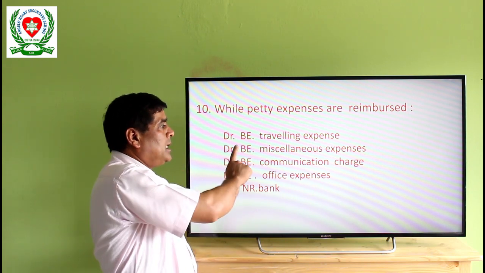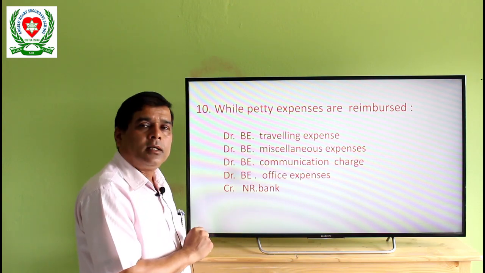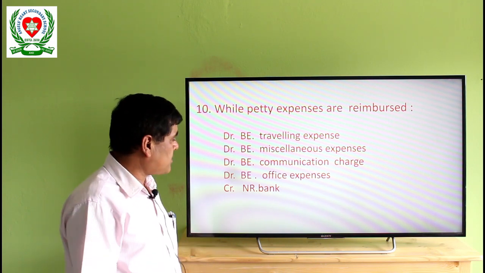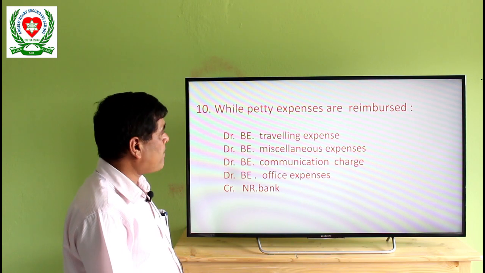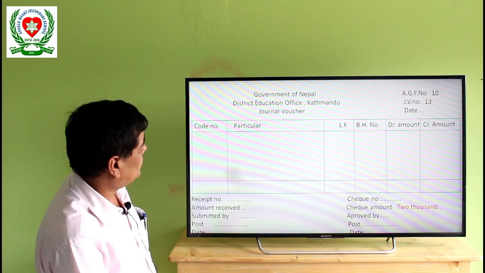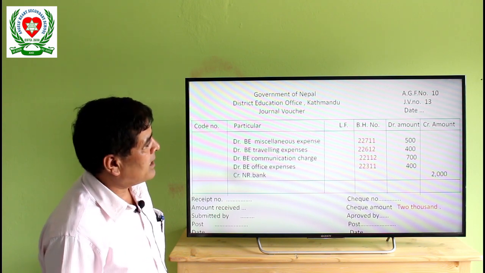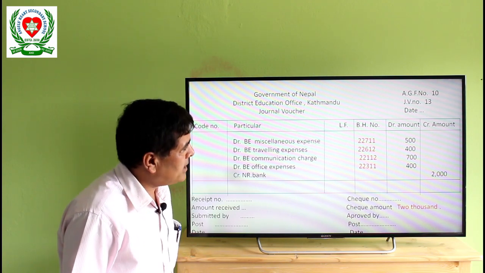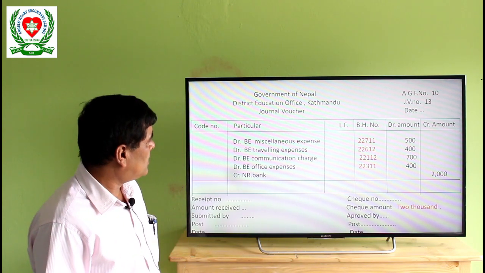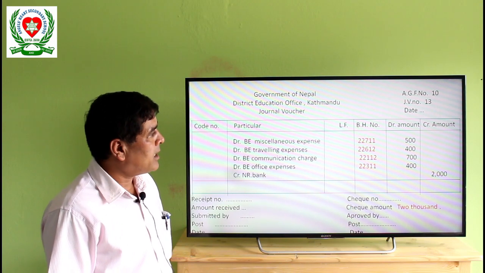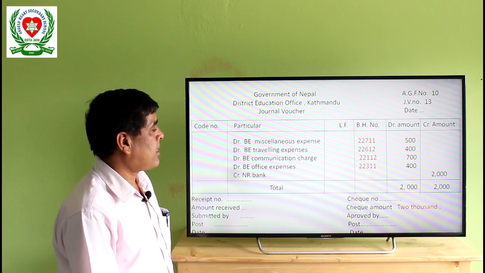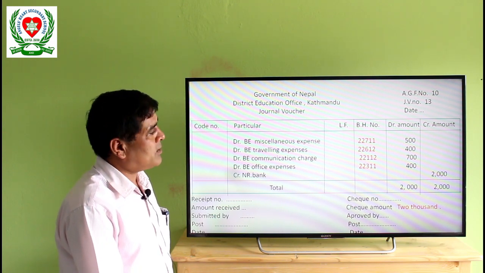So debit B travelling expenses, debit B miscellaneous expenses, debit B communication charge, debit B office expenses, credit NR Bank, and the same thing we can write inside the journal voucher. While writing this expenditure, the budget head number should be written: 22711 for miscellaneous expenses, 22612 for travelling expenses. In this way, the amount on the debit side and credit side, both sides should be equal according to the formula. All things we can fill up here.